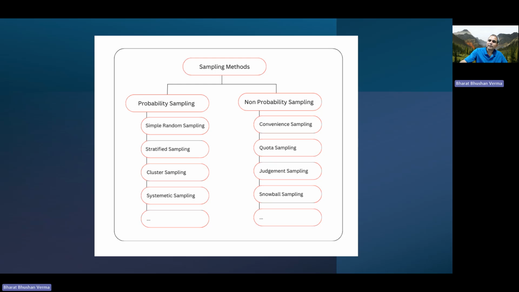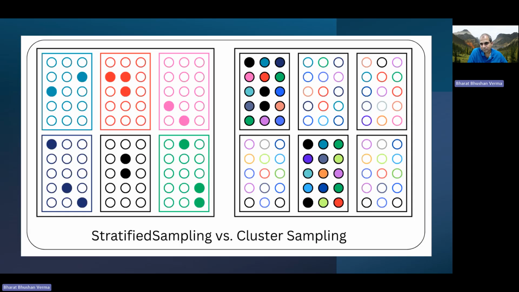Let's elaborate on stratified and cluster sampling. In case of stratified sampling, you would stratify the population into multiple strata. Example, you want to collect the views about a new government policy from the people working in the IT industry. In that case, you may want to collect the data from the junior management, middle management, and the top management.